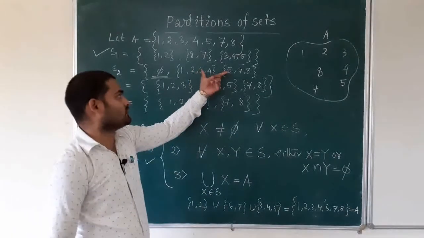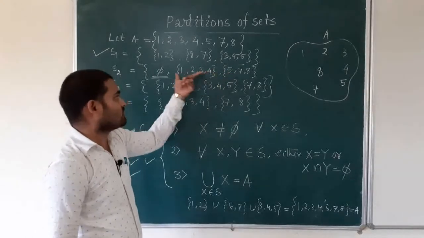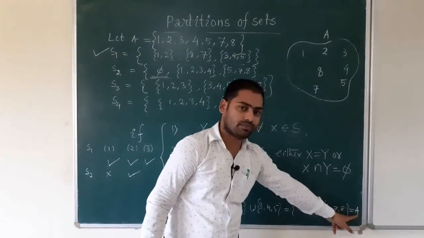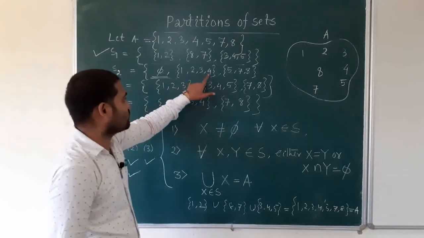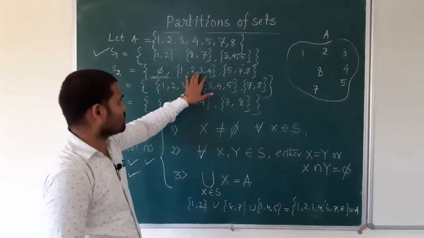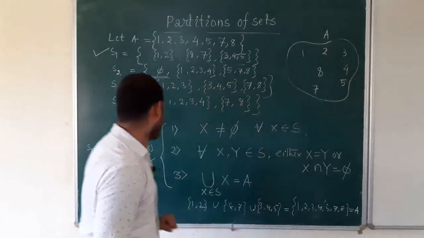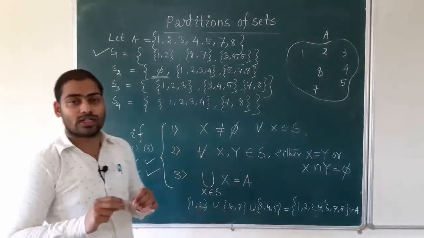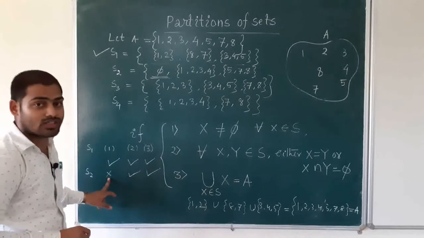The union of these two sets is the set A, with all elements 1, 2, 3, 4, 5, 7, 8, so the third condition is also satisfied, but the first condition is not.